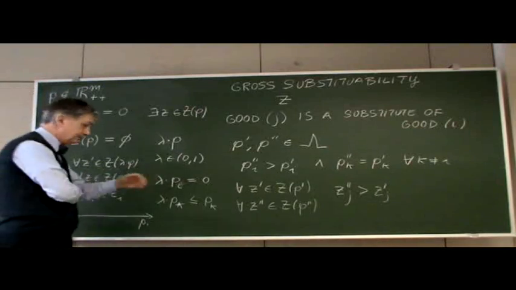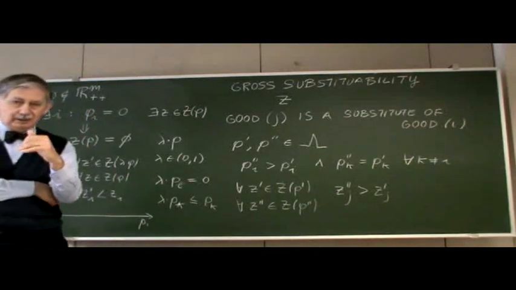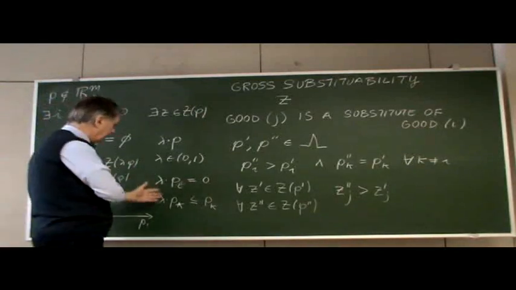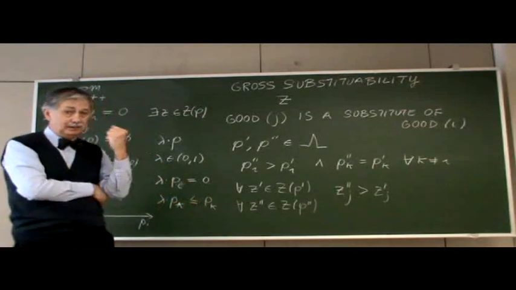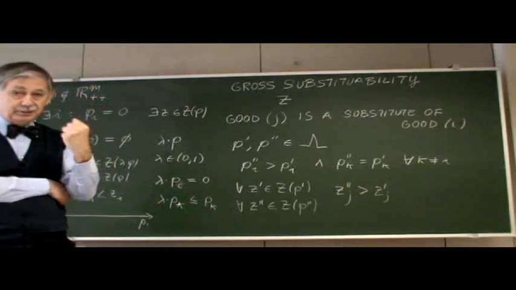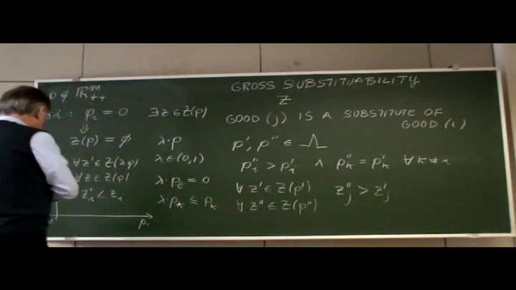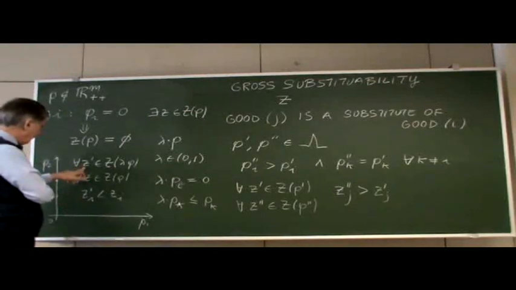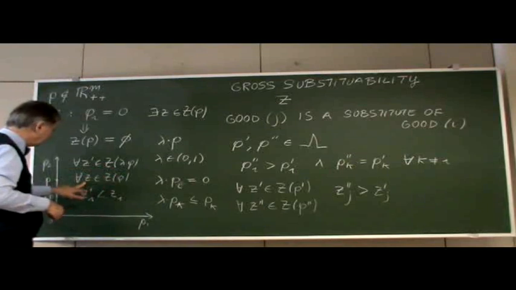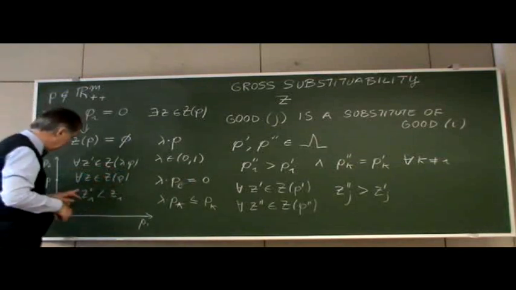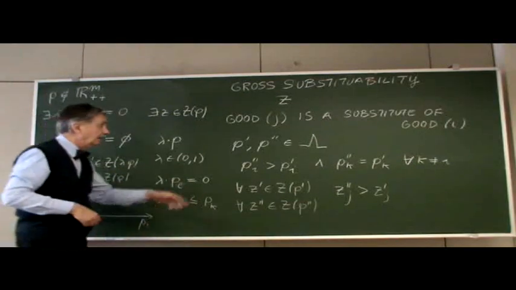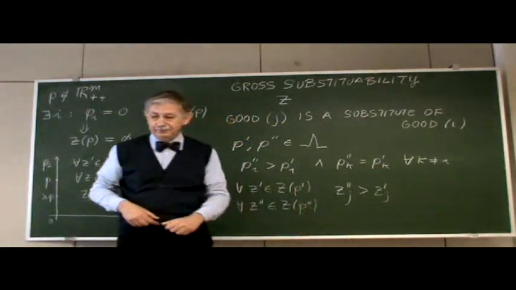Since good I, whose price remains unchanged, is a gross substitute to every other good, and the other prices are diminished, this property must hold. For every excess demand vector in the final situation, for every excess demand vector in the initial situation, Z prime I must be lesser than Zi, according to this definition.